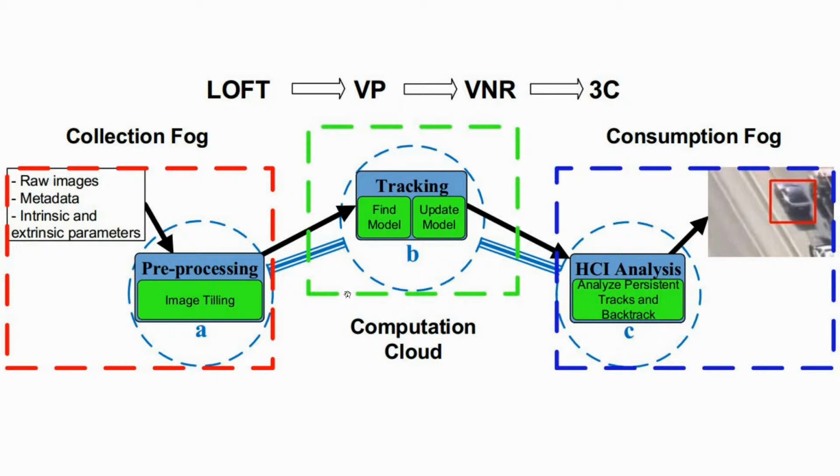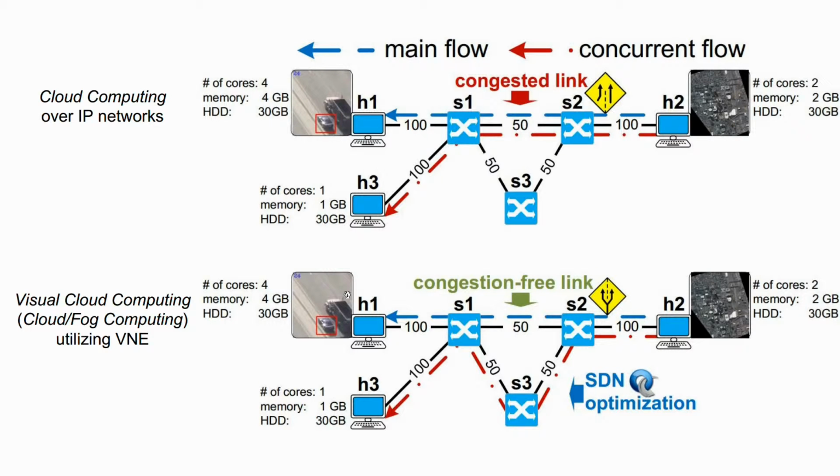However, in this particular demo, we don't need to show the benefits of Nexus itself. We need to show the benefits of visual cloud computing in general, in contrast to cloud computing. So we are not going to build a tricky and difficult test bed for showing the benefits of Nexus itself.